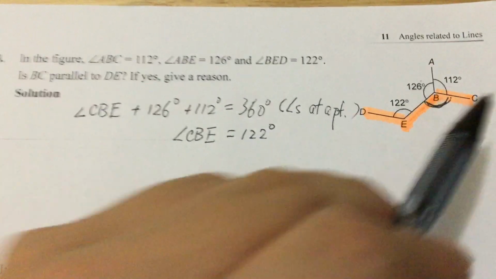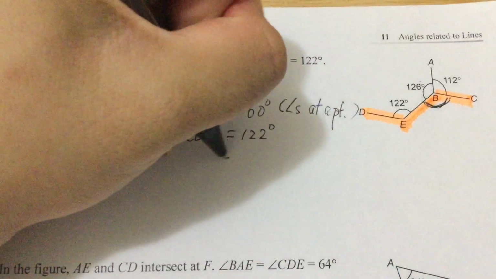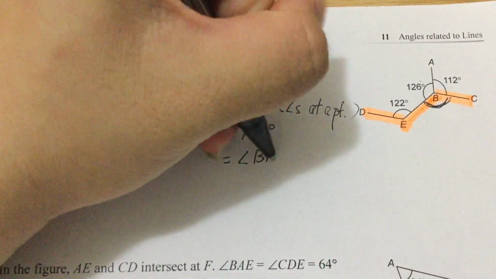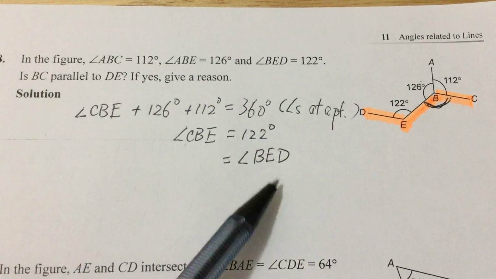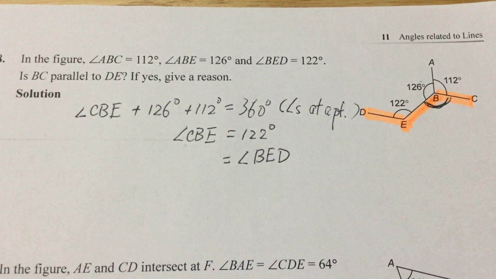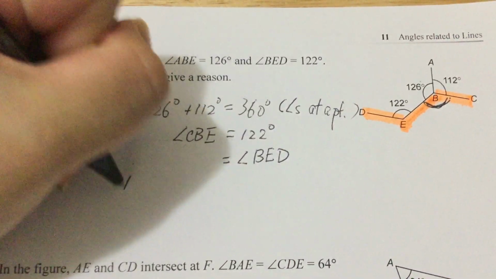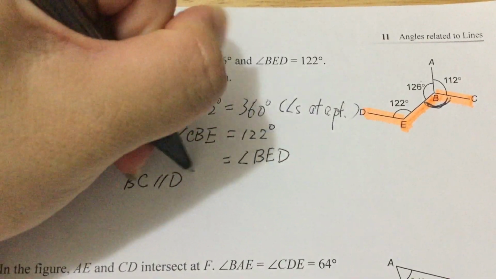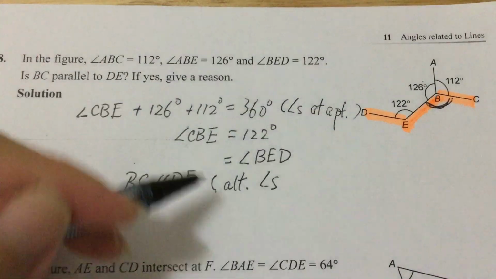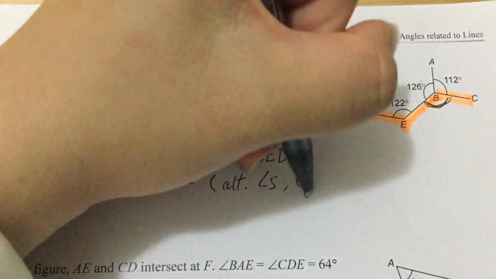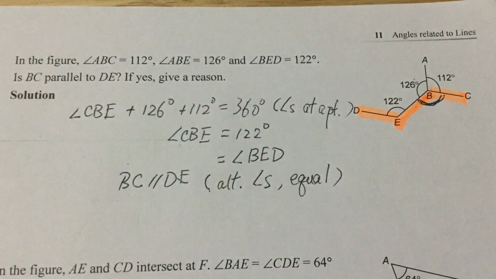Okay, angle CBE is 122 again. And luckily it is equal to angle BED. Okay, so we have angle CBE equal to angle BED. Luckily we can say that BC is parallel to DE, because the reason is the alternate angles are equal. So we can say alternate angles equal. Okay.